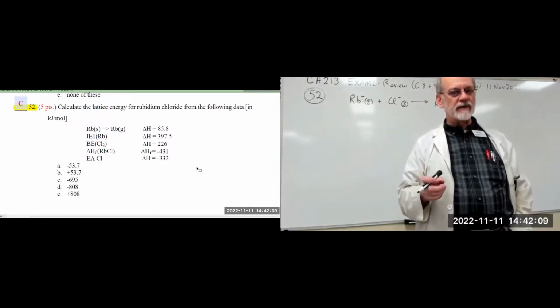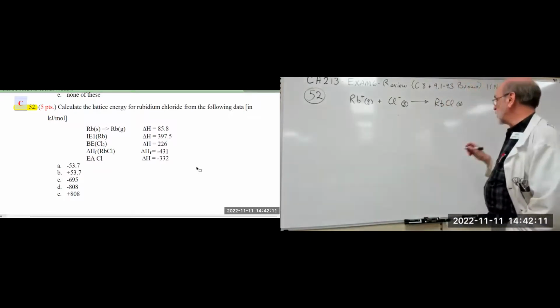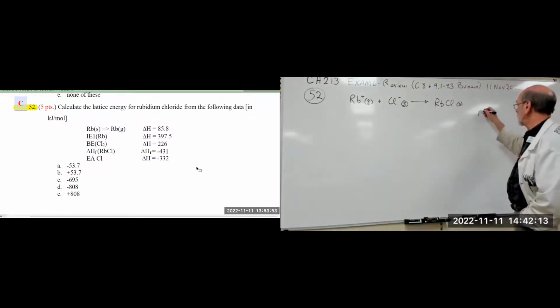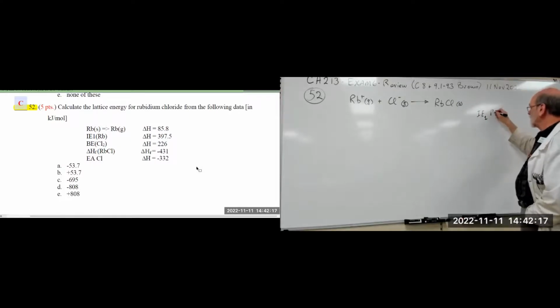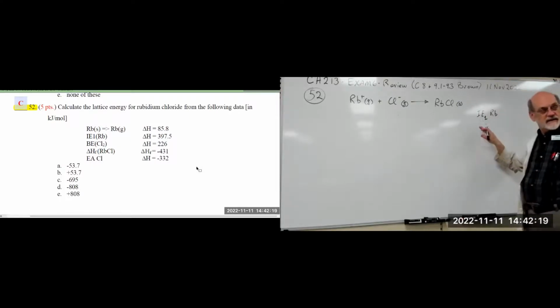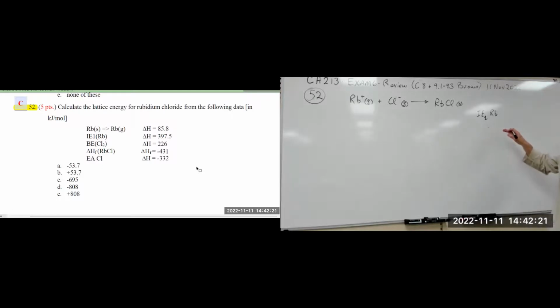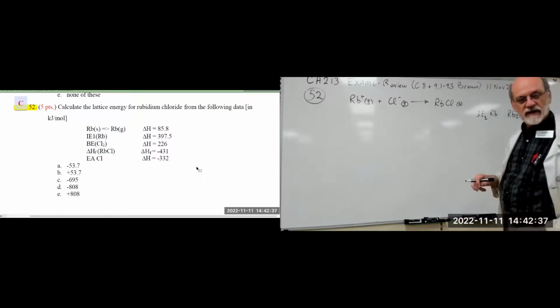IE1 for rubidium is the ionization energy. Remember how you write that one? Rubidium gas yields rubidium ion gas plus an electron. Okay, that's what IE1 means.